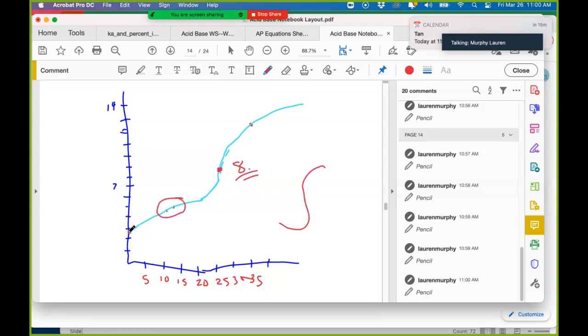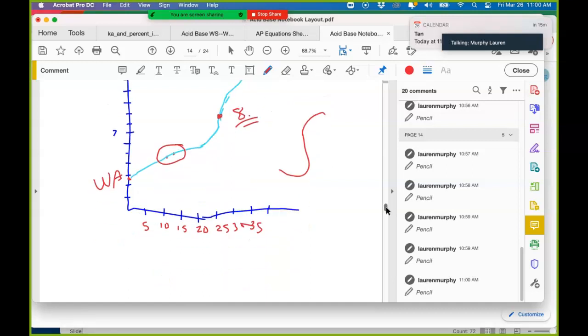We don't have a super, super strong starting point because our acid is weak. However, it does approach a really strong basic pH because it's a strong base. So titration curves of weaker species with stronger species just don't have as much sharpness.